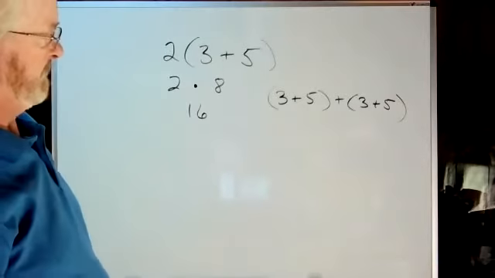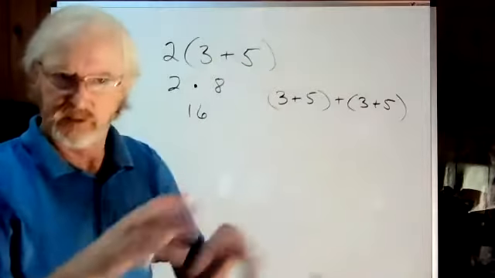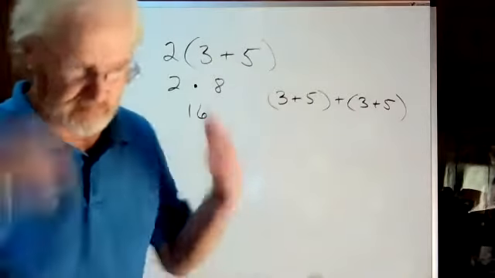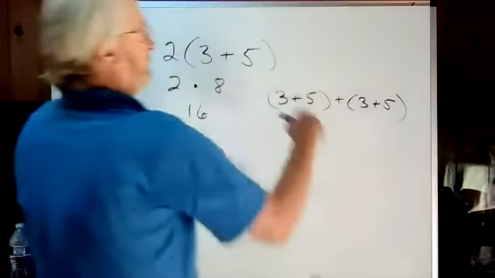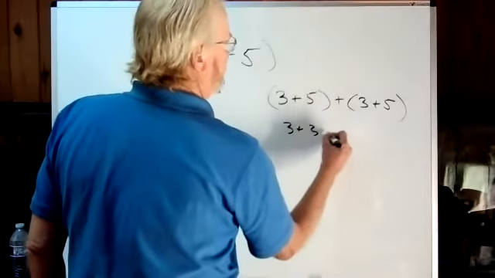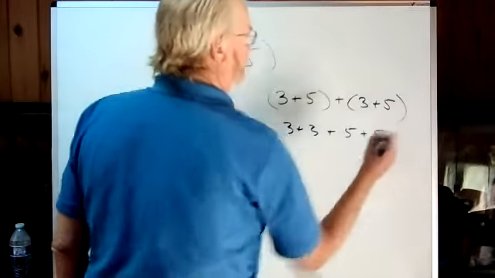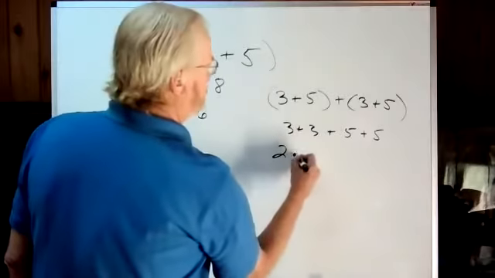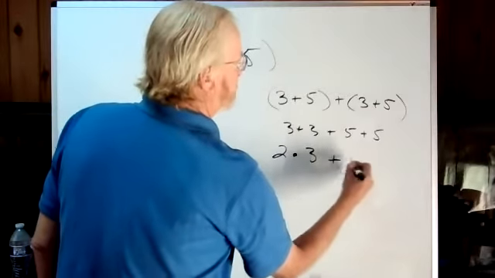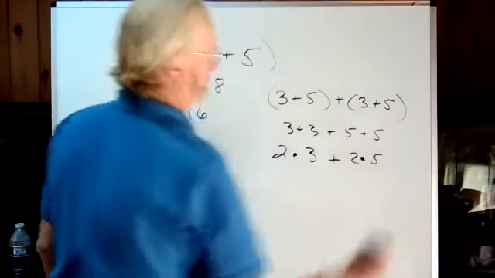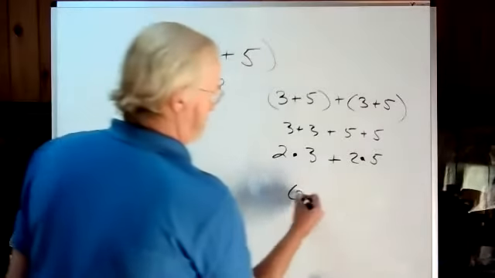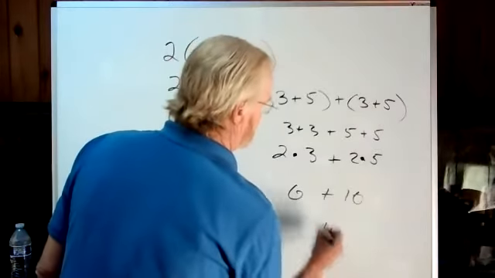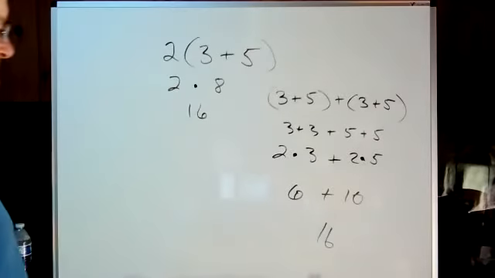Well, using commutative and associative properties in your head, you see I could say that means 3 plus 3 and 5 plus 5, just mixing them around. Well, that's 2 times 3 plus 2 times 5. Right, 16, still got the same answer.